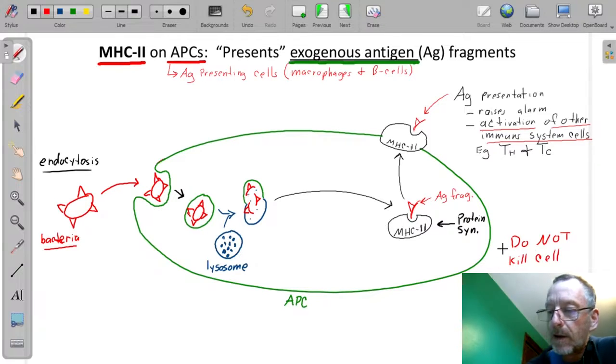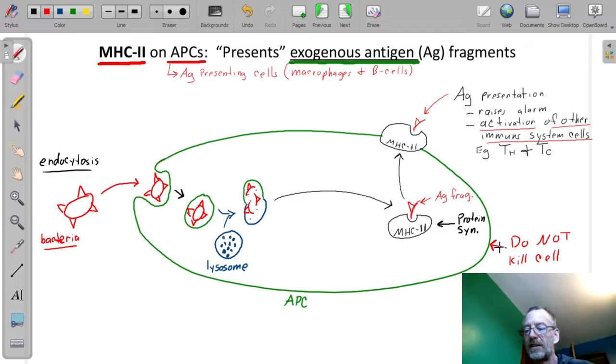Give it a medal or a reward for identifying the bacteria as foreign and raising the alarm. So antigen presentation, MHC1 molecules for endogenous antigens, MHC2 for exogenous. And again, MHC molecules also serve as identification tags.